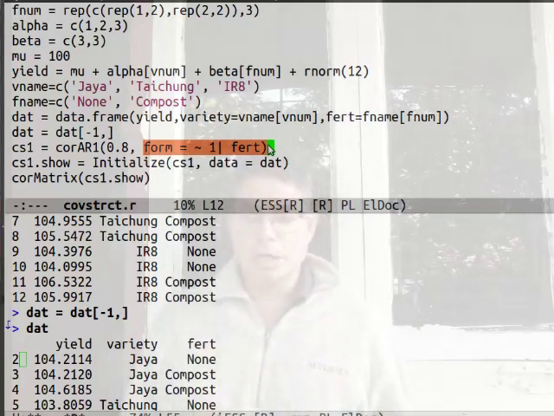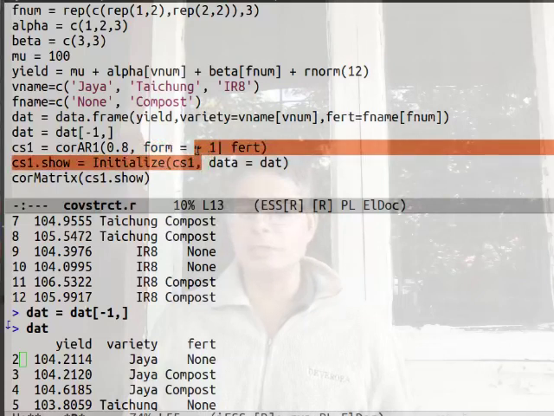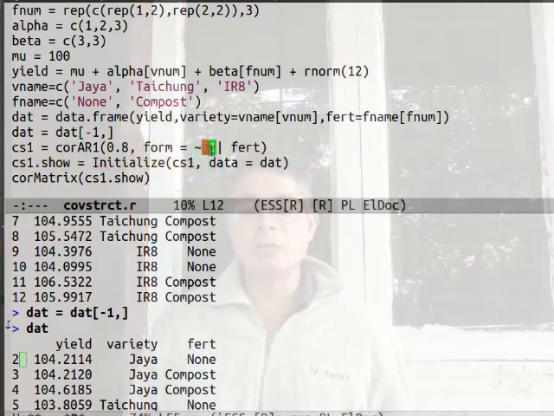The way to specify that is this: you write form equal to, that is the name of the parameter. Surprisingly, you have to write tilde. There is nothing before the tilde. What you write after the tilde actually doesn't matter, so you always write 1 here.